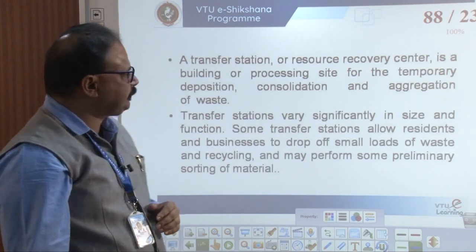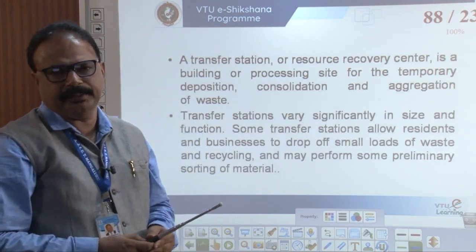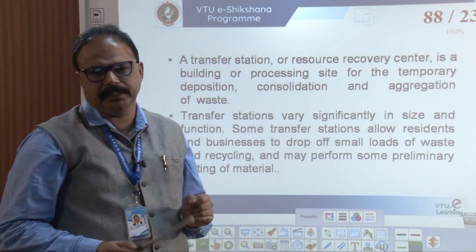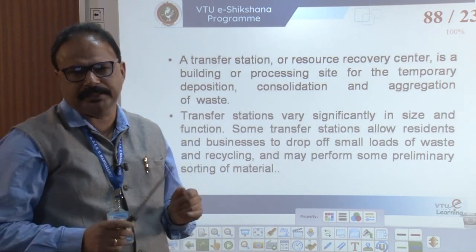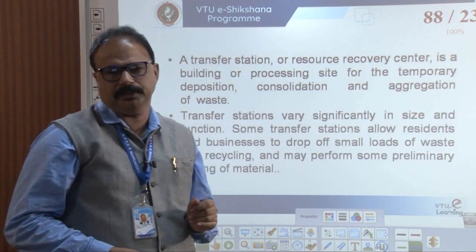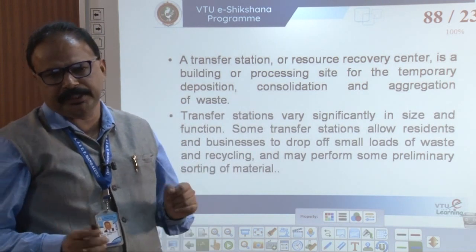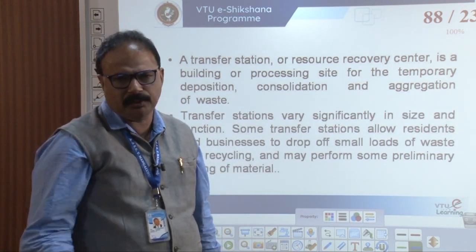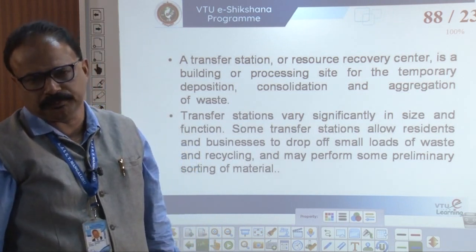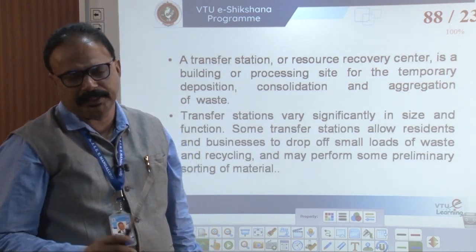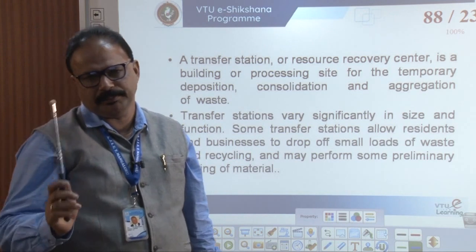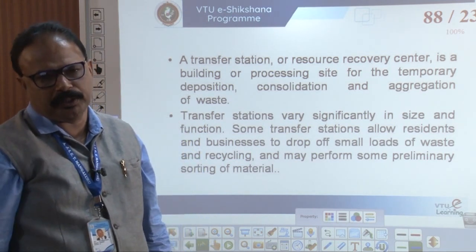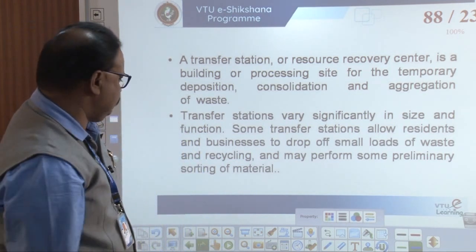Transfer stations are Resource Recovery Centers, where the process of temporary deposition, concentration and aggregation of the waste is built. Transfer stations vary significantly in size and function. Some allow residents and businesses to drop small loads of waste and recycling, and perform preliminary storing and sorting of the material.